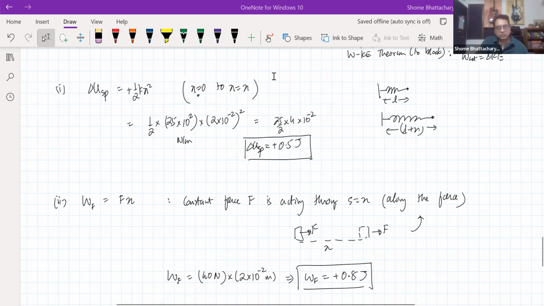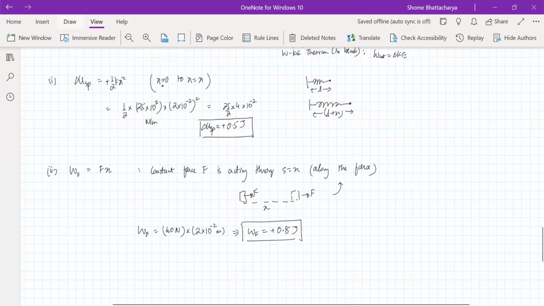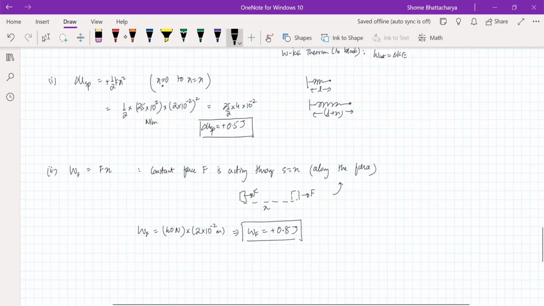What was the question? Or have you calculated the speed? Sir, from the work energy theorem, can we say that the change in kinetic energy is 0.3 joules?